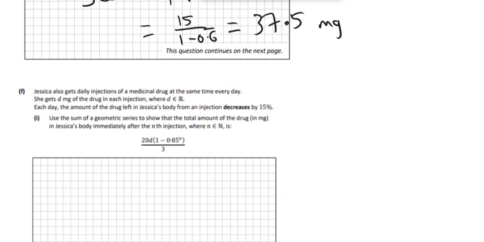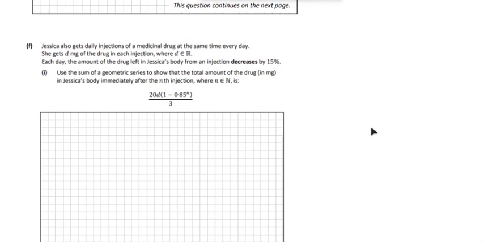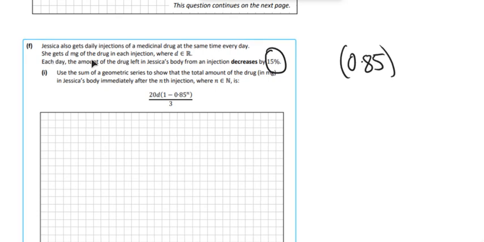Now here then, it's the same type of thing that's going on, it's just the parts are different. This time it decreases by 15%. So if it decreases by 15% for Jessica, then there has to be 0.85 left each time. So that's going to be how much we multiply by this time. It's going to be a sequence pretty much the same as the last time.